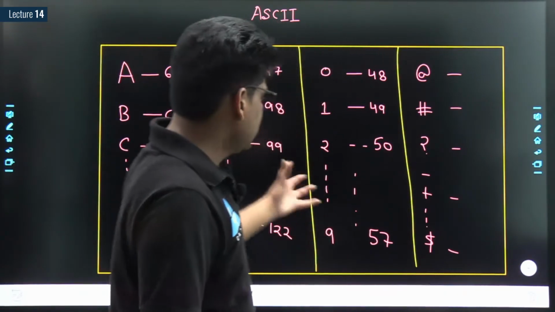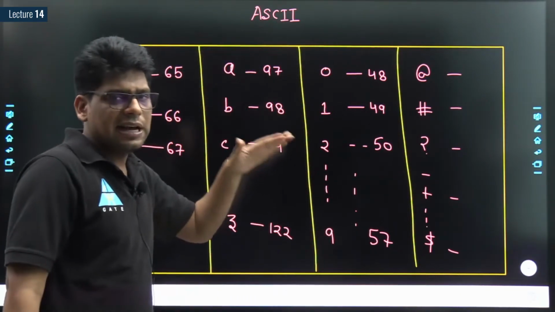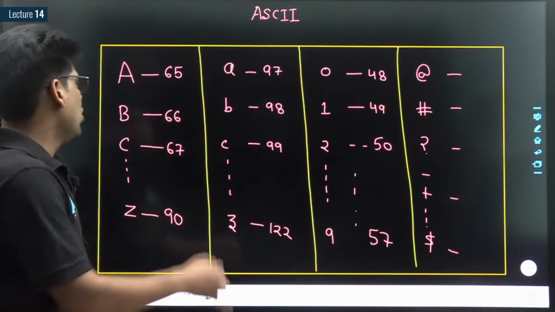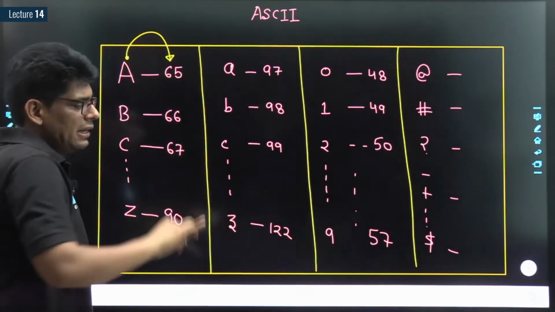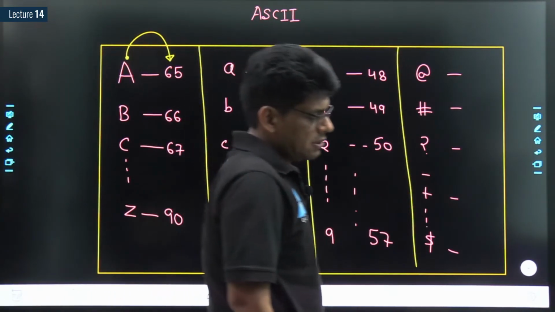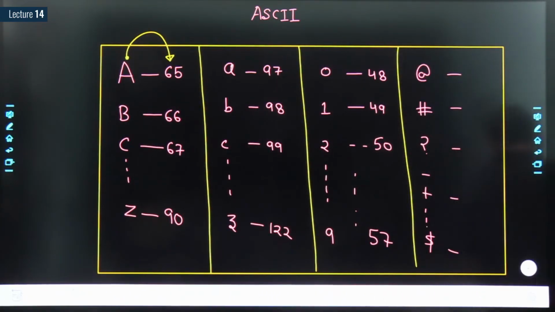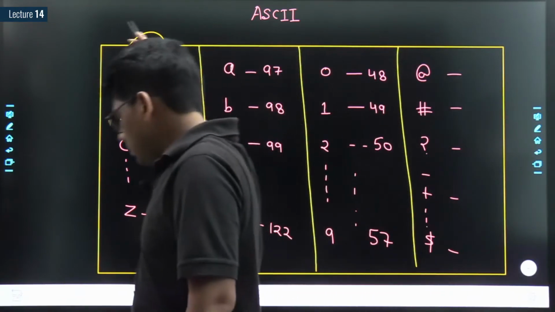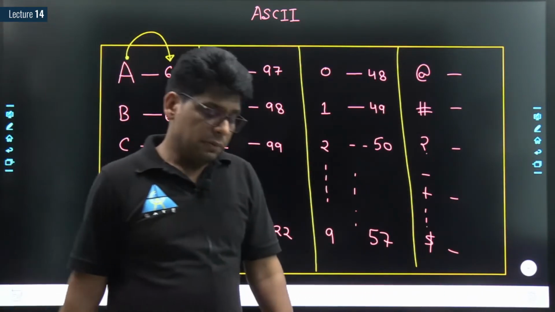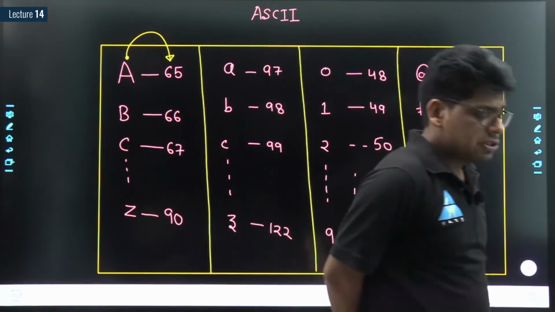So what is this? Actually, this is the ASCII character system. That means now we can represent a symbol using some integer. Try to understand this. For every symbol there is a code, that means for every symbol we have some integer.